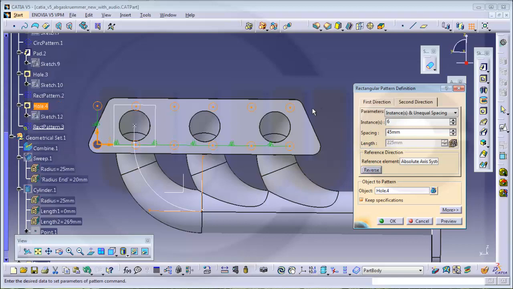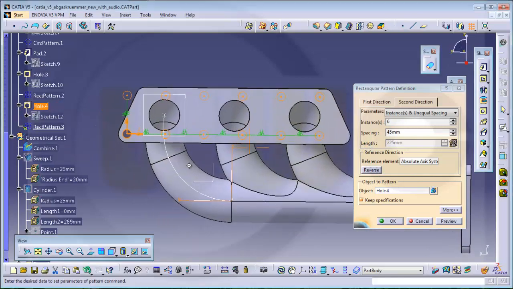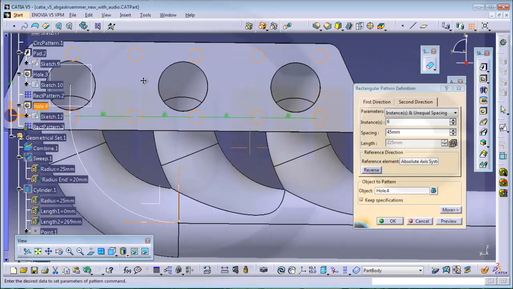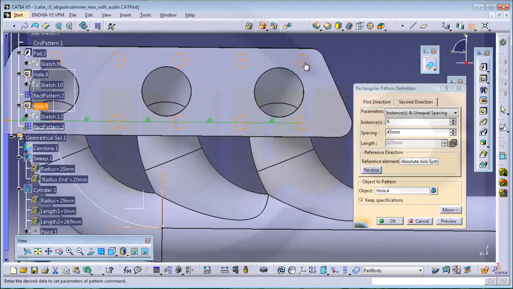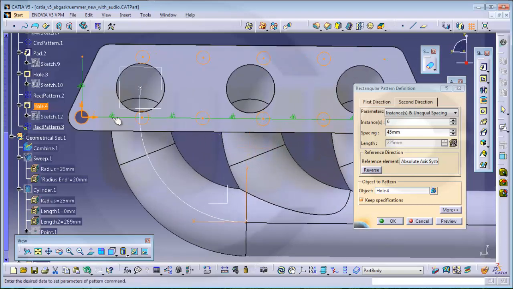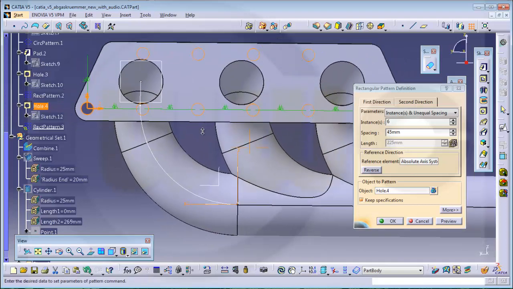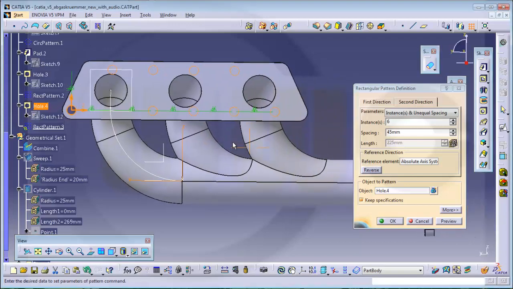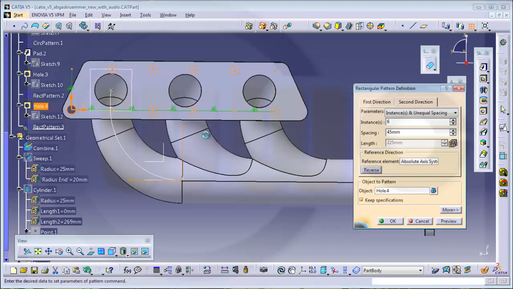And now I have to adjust my distances. This one I don't want, I can hide it. Same applies for this one. And the distance between these two, let me check. Well, this one goes here, so this one will be hidden and this one will be hidden.